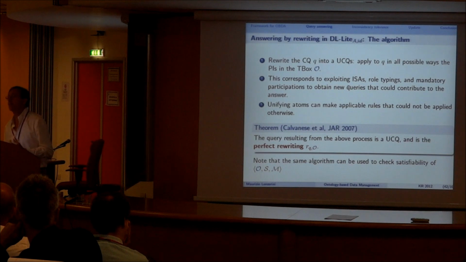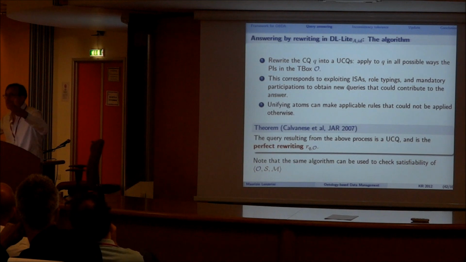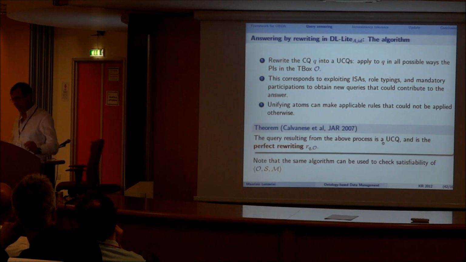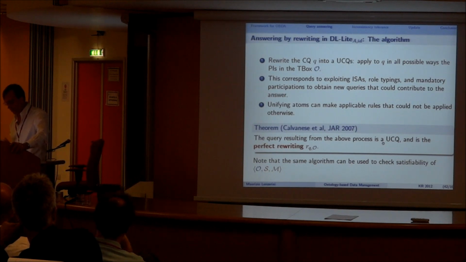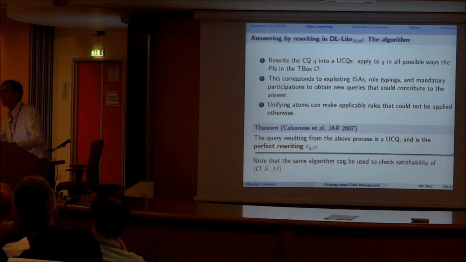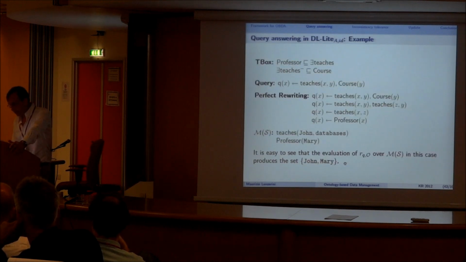The nice characteristic of description logic DL-Lite is that the size of your query does not increase. It's always the same. Then you also unify atoms in such a way that the new rules can be applicable. This is essentially the algorithm, and we prove that the query resulting from the above process is a union of conjunctive queries and is the perfect rewriting of the original query. So you can now take this query and evaluate it over the data sources.